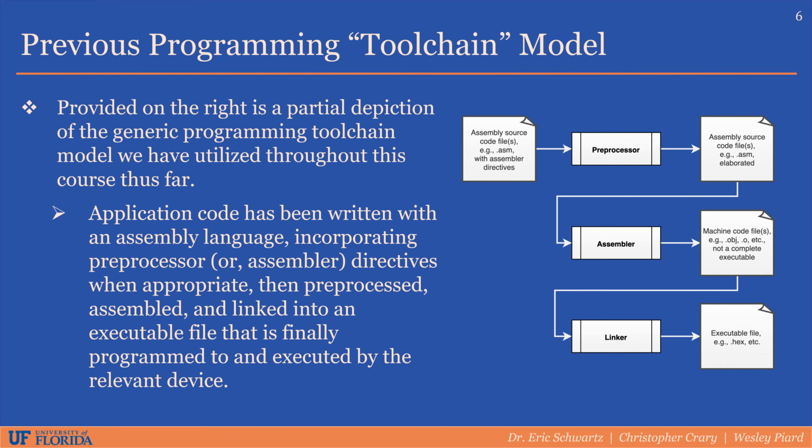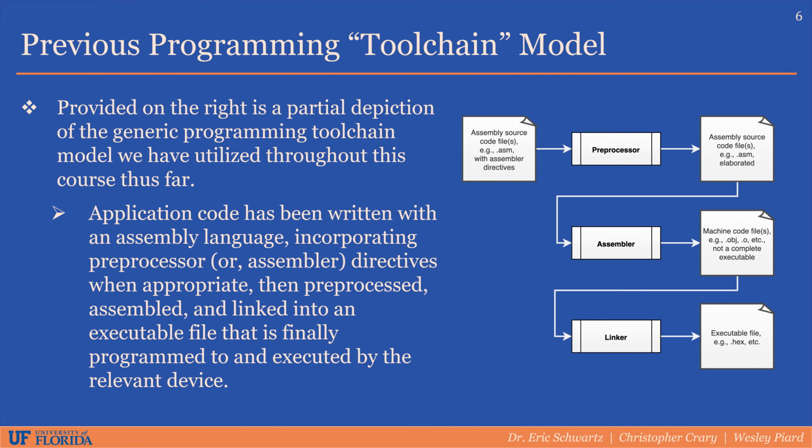And then that assembly code was fed into a second software tool known as the assembler, where the assembler actually generated machine code files for the relevant microprocessor architecture. And these files were generally object files, etc. And then these object files are then fed into another tool known as the linker, where generally we only had one of such files, but in general there could be multiple.